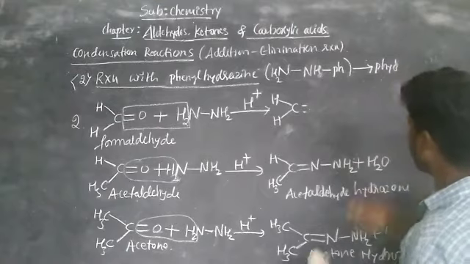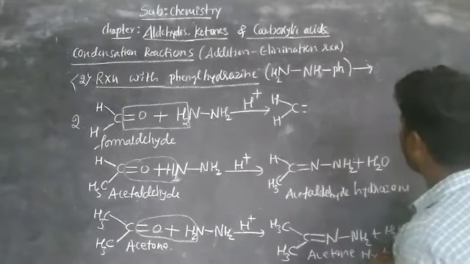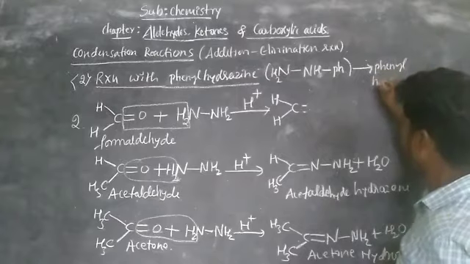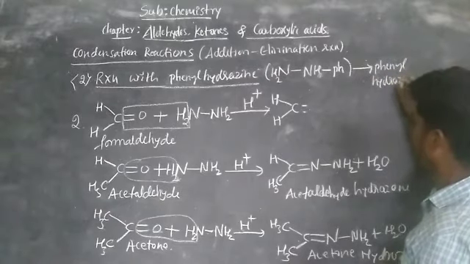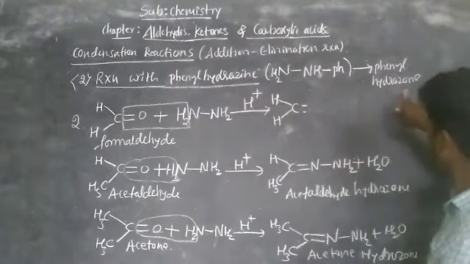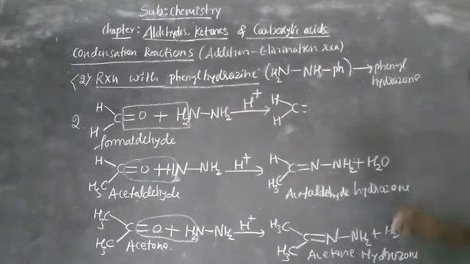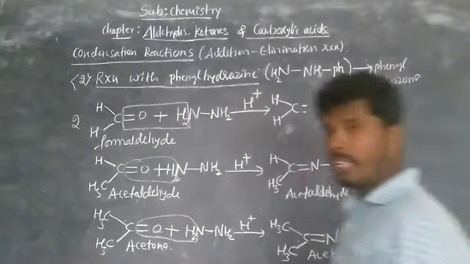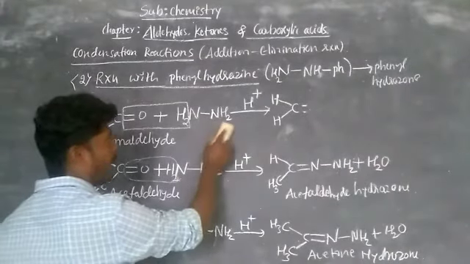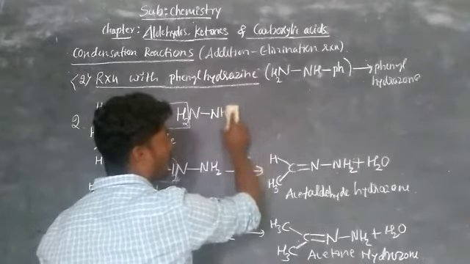Phenylhydrazine always gives phenylhydrazones. Okay, remember, phenylhydrazine gives phenylhydrazone compounds. Similarly, here take the formaldehyde, in place of hydrogen we are writing what? Ph.